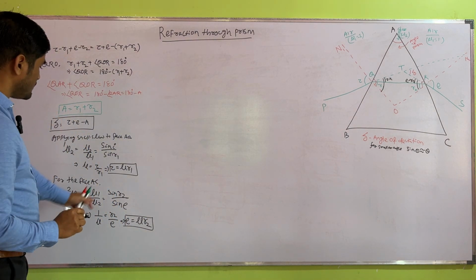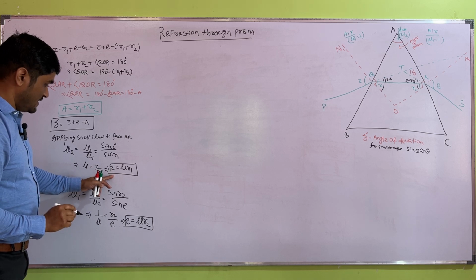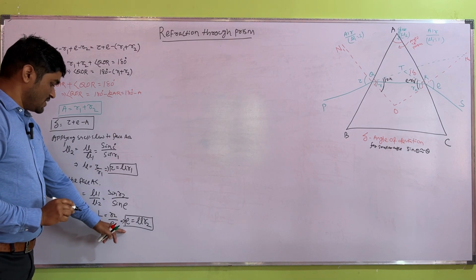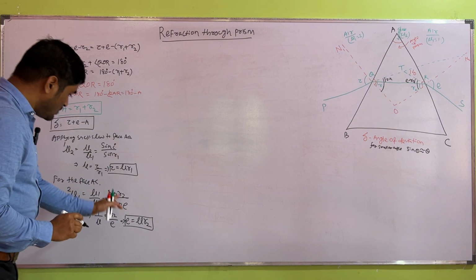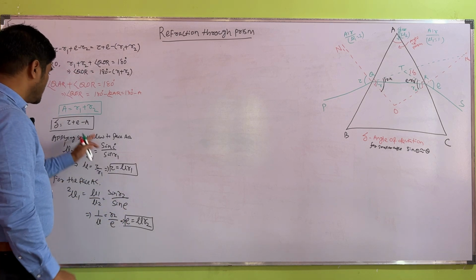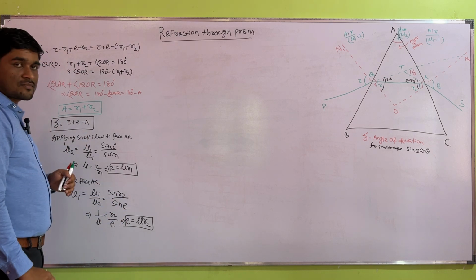Clear? This is the value of angle of incidence i, that is angle of emergence e. And you have to put these two values into this equation. Clear?